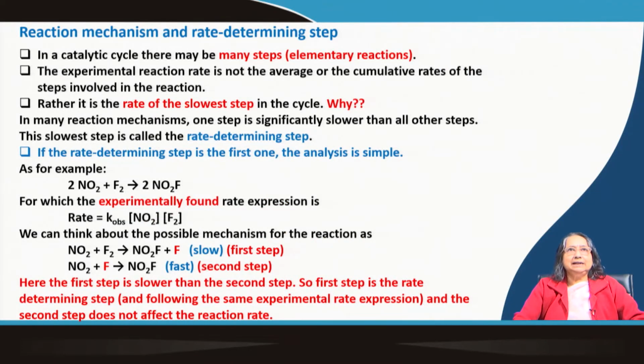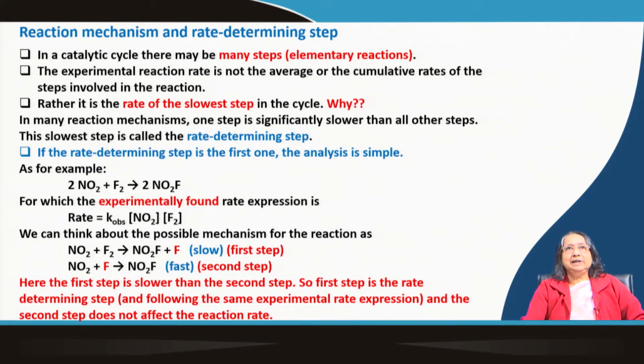Now, reaction mechanism and the rate determining step is a very important thing. In a catalytic cycle there may be many steps. I already told you that in any reaction there are many steps, called elementary reactions.